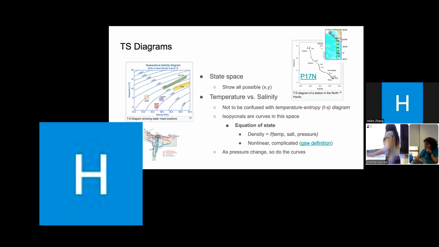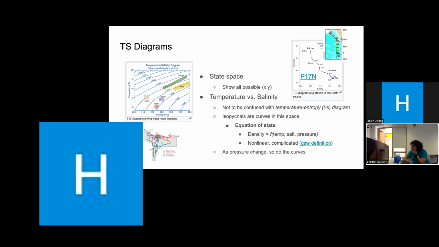So when you plot the density, they are these curved lines. Right here, the bottom water and North Atlantic deep water have similar-ish density but are very different in terms of properties.